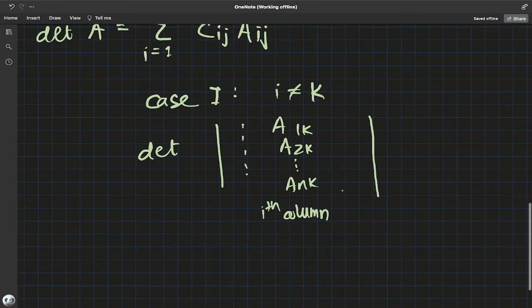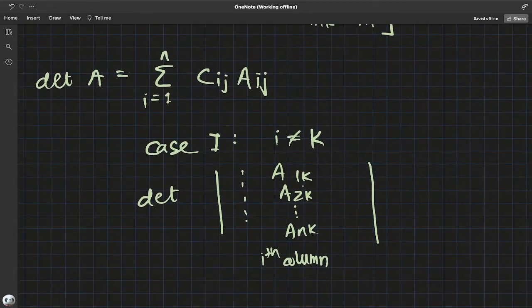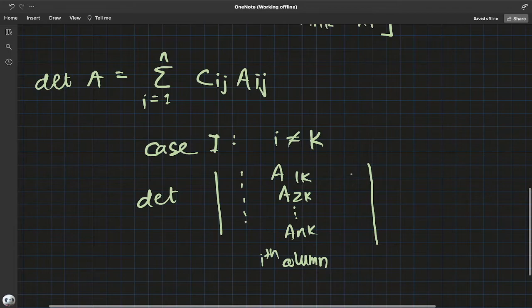When we do the cofactor expansion, we ignore all of the ith column, but the kth column is still there, right? Because we ignored the ith column, and in the modified matrix we pull a separate kth column to put it in the place of the ith column.